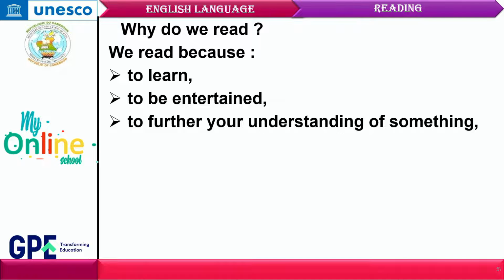We have also another reason why we read. We read to further our understanding of something. When we want to understand something better, we read about it. For example, we want to study about space. We want to know what actually happens in the universe. We read books. What actually happens with life under the sea?